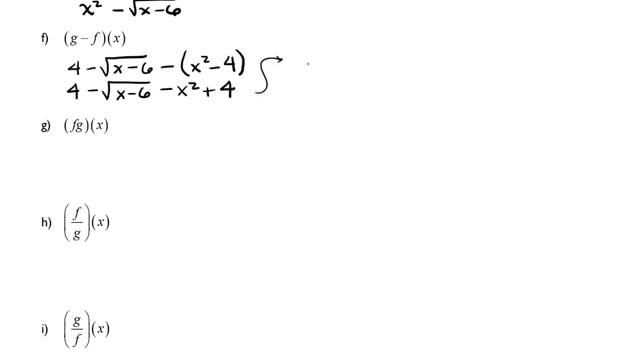If I rewrite that, I will have 8 minus the square root of x minus 6 minus x squared. Once again, our domain for this function will be on the interval from 6 to infinity, because once again, it's the overlap of the domains, and the domains have not changed. The way we have combined them has.